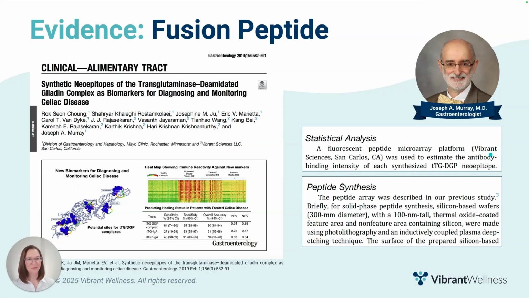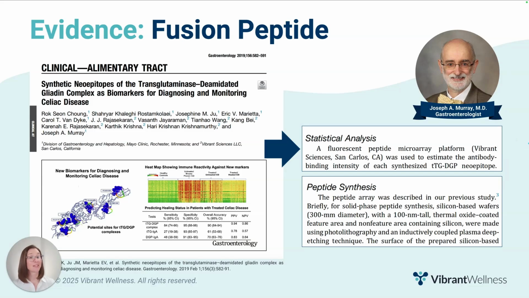If you've never heard of the fusion peptide and are feeling skeptical, please allow me to share some research published in 2019 in conjunction with the Mayo Clinic's Dr. Joseph Murray. The paper is called Synthetic Neoepitopes of the Transglutaminase Deamidated Gliadin Peptide Complex as Biomarkers for Diagnosing and Monitoring Celiac Disease.